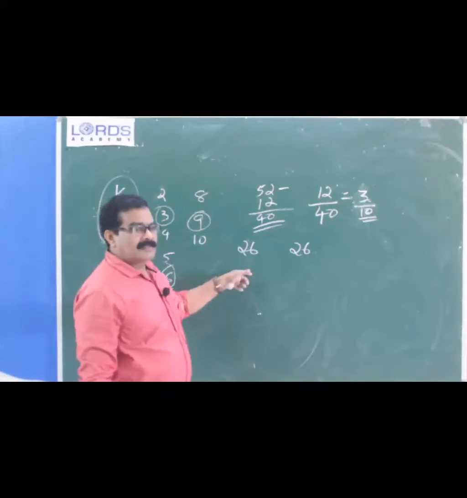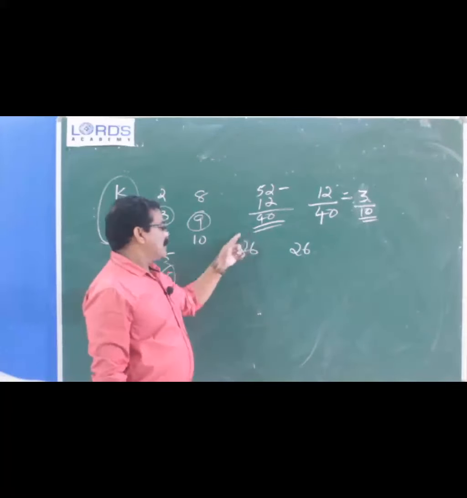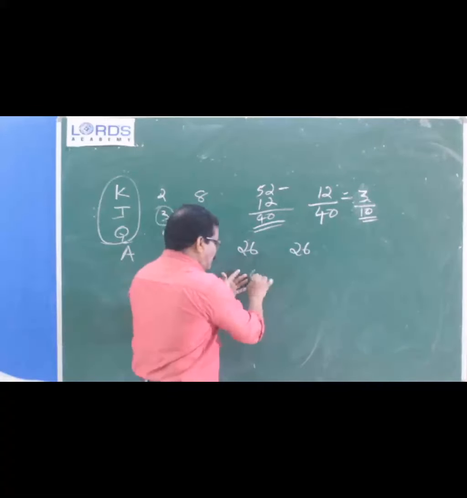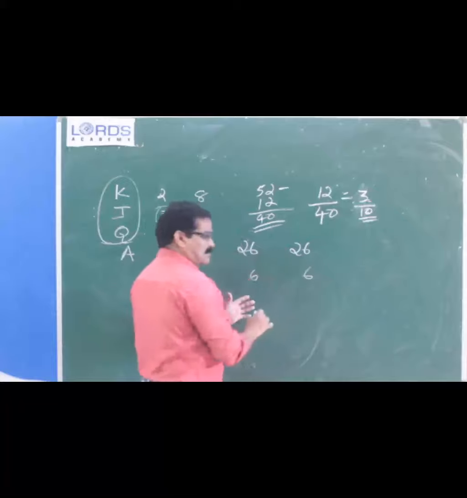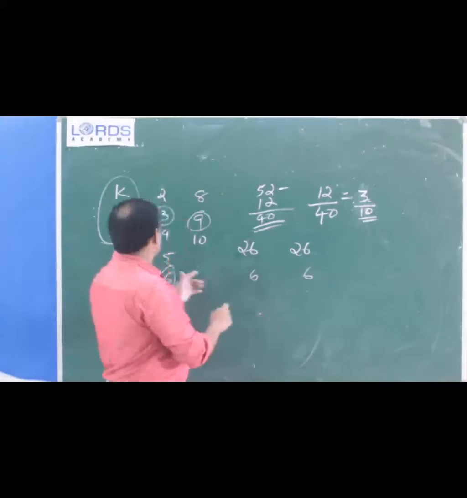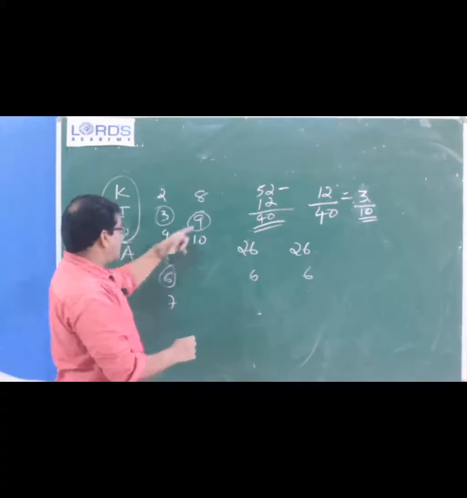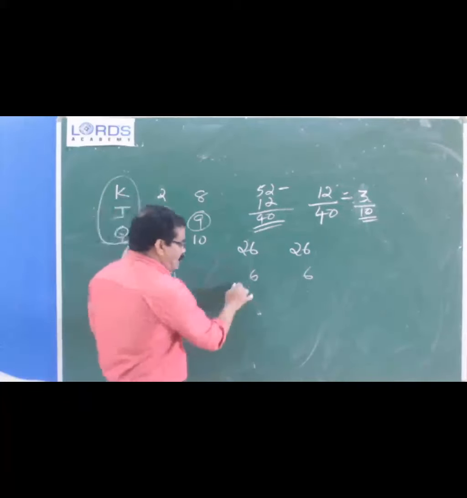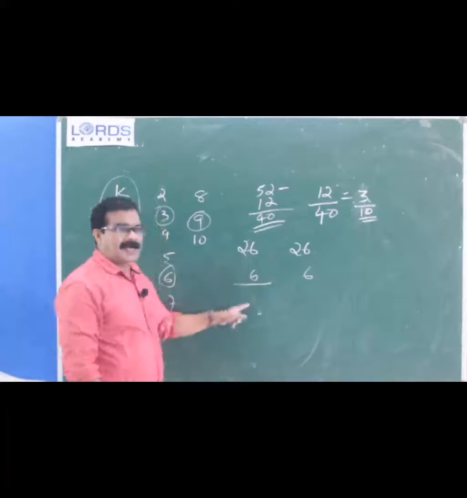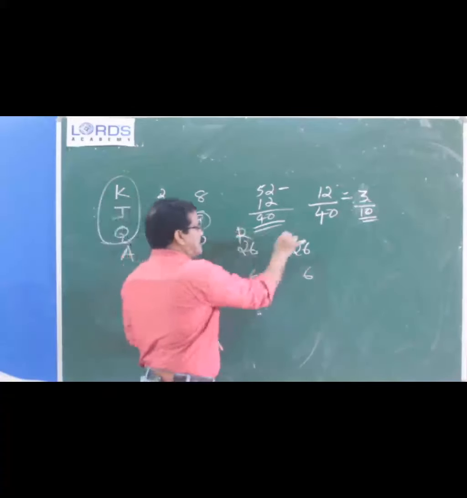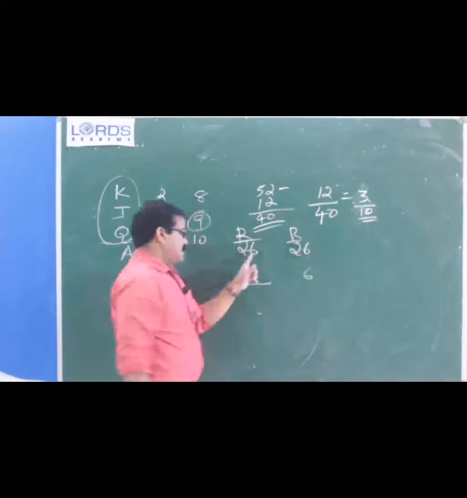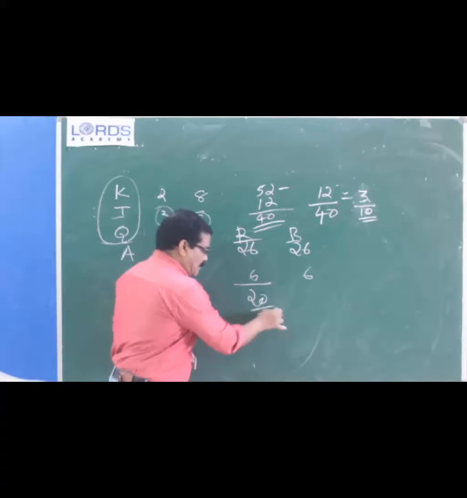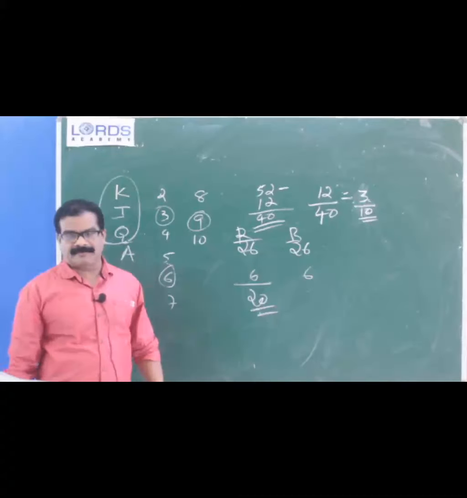In that set, 12 cards are removed. That means 6 from red and 6 from black, that is the numbers 3, 6, 9. Then the total possible cases in red is 26 minus 6, that will be 20.